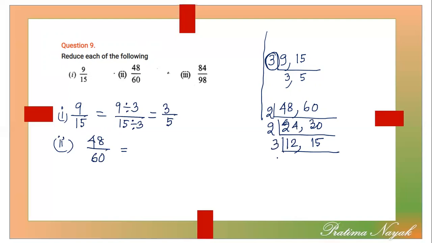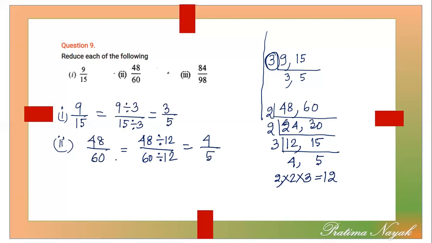It can be only 3, 3 times 4 and 3 times 5. So what are you getting common? 2, 2, 3. So 12 is the common divisor. So I'll divide both by 12. 48 divided by 12, 60 divided by 12. So 48 divided by 12 is 4, 60 divided by 12 is 5. So 4 by 5 is the answer of the second part.